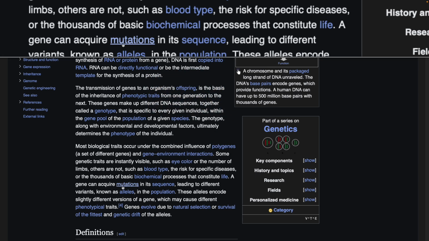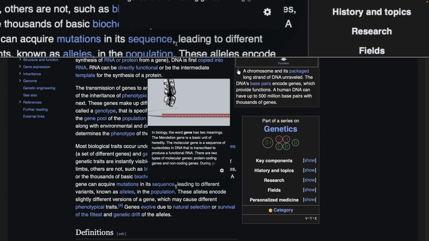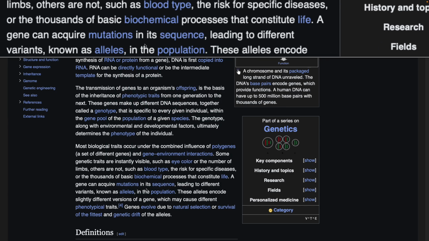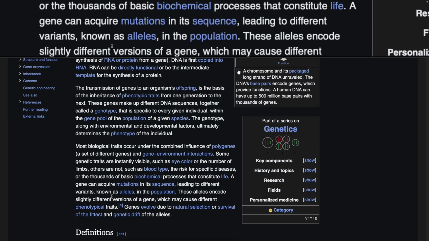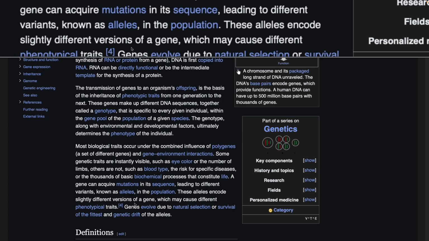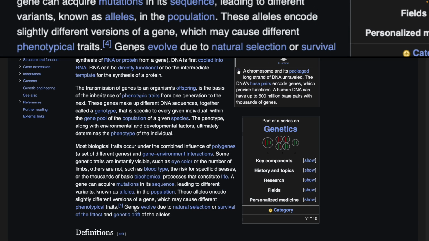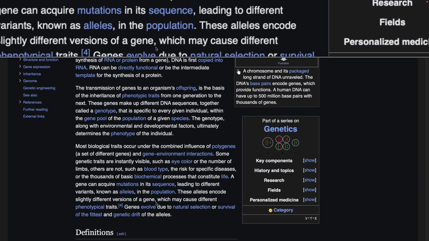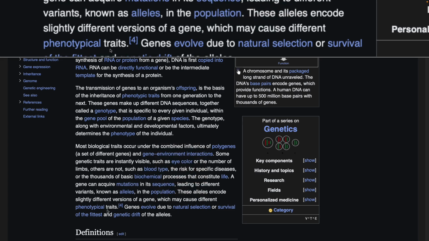A gene can acquire mutations in its sequence, leading to different variants known as alleles. Interesting. In the population, these alleles encode slightly different versions of a gene, which may cause different phenotypical traits.